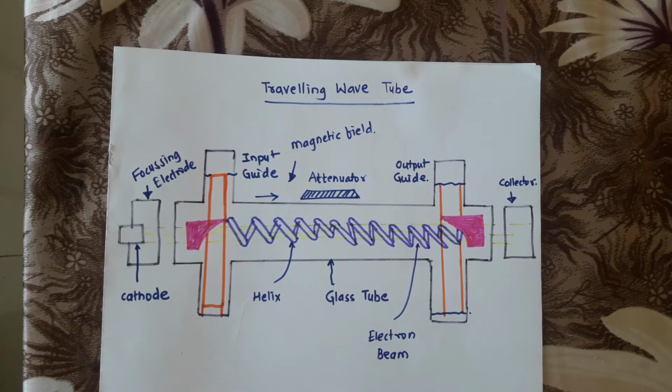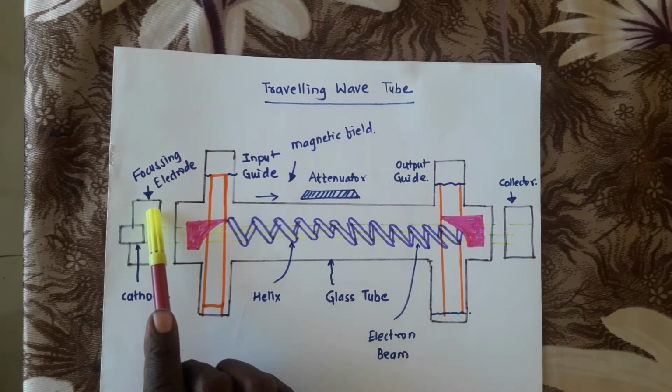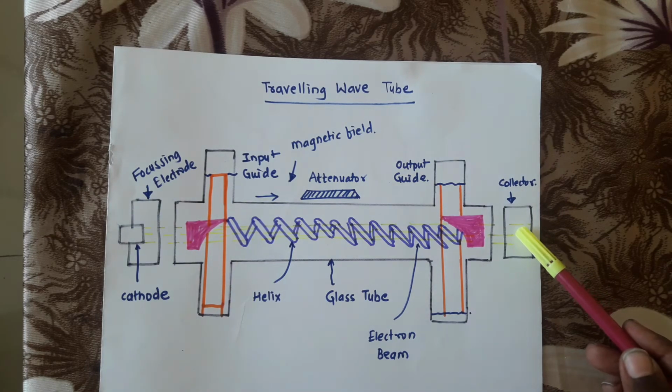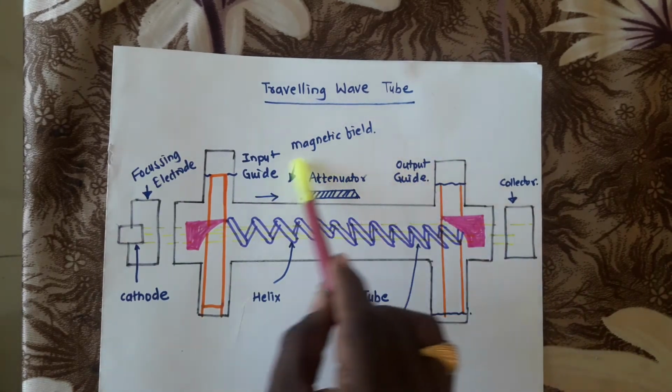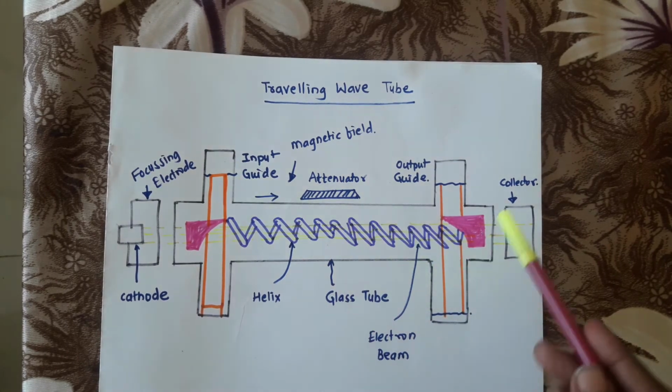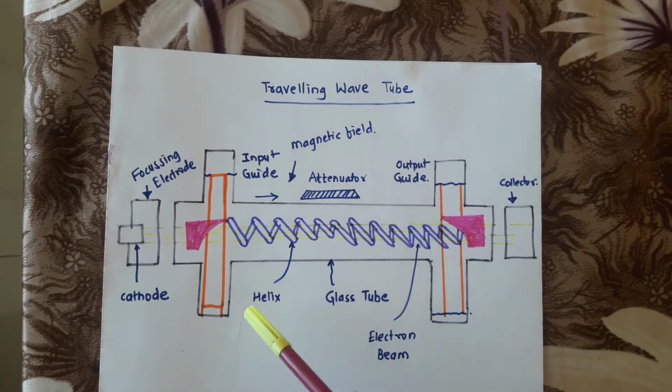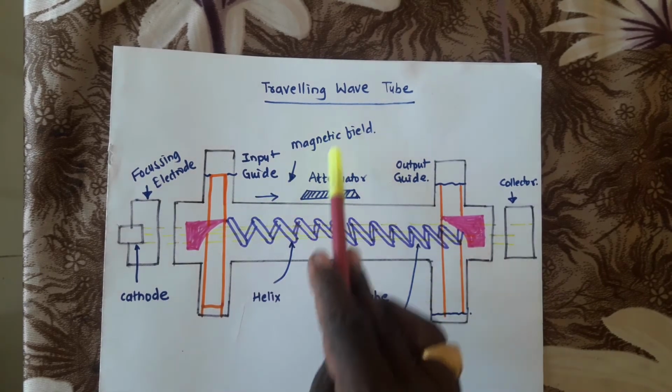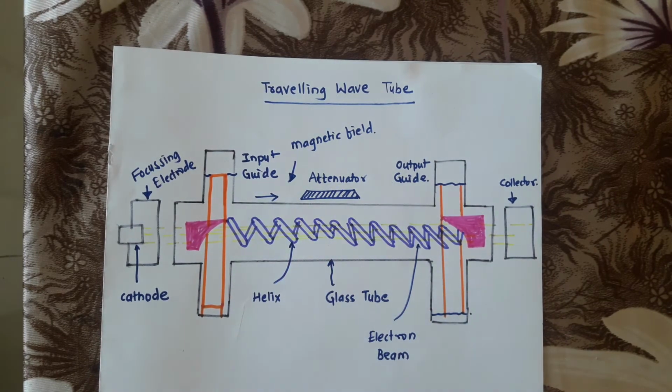While talking about the structure of this TWT, we basically find that we have a cathode over here, then a focusing anode, and one collector over here, and this is the tube in which the actual amplification process takes place. This glass tube consists of an input guide and one output guide, through which you apply the input RF field and take the output. This glass tube is surrounded with a magnetic field, and an attenuator is also provided.